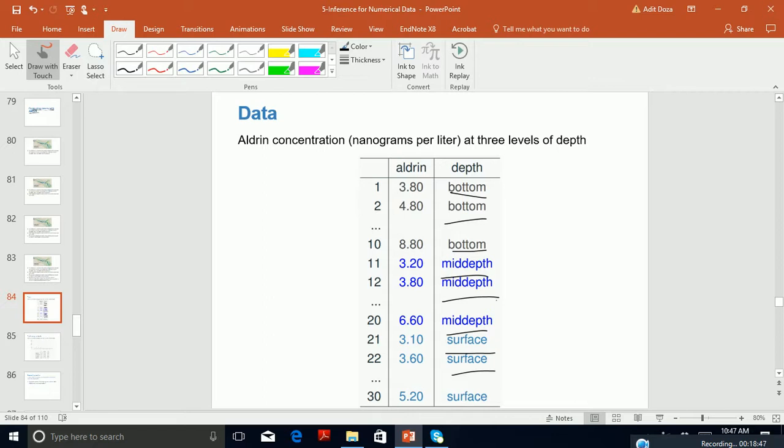Generally we would expect the aldrin concentration to be higher at the bottom depth, because these are denser substances. If they're dense, the higher concentration would be at the bottom, right? Based on the graph, the concentration level is slightly higher at the bottom compared with the mid path and the surface.